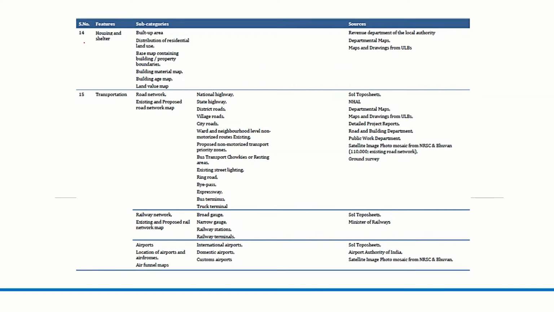Housing and shelter, this is probably one of the major components that you will be doing. Mapping of built up area and the characteristics of the built up area, and how it is distributed. Maybe we will not be getting the property boundaries and all, but at least in a broader sense, we'll be able to demarcate the density of development.